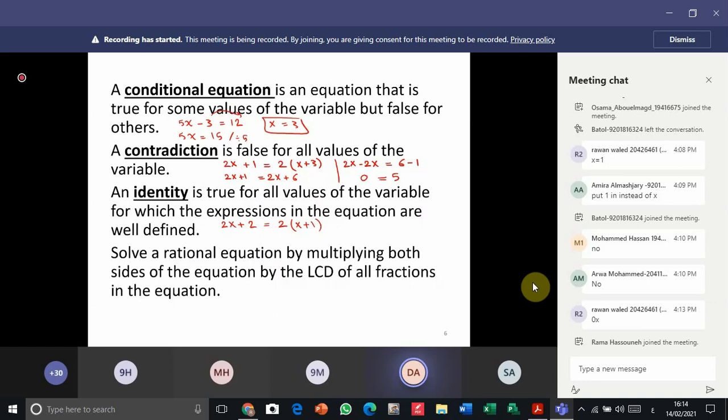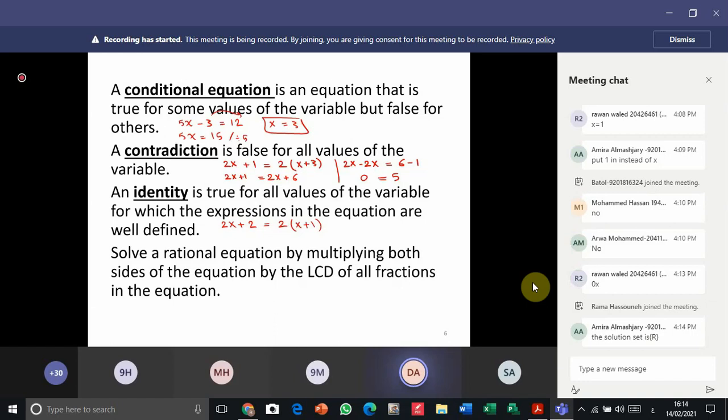Identity means if we replace any value of x, 1, negative 1, 0, 100, 1 million, minus 5,000, any value, this is correct. The equation is correct. The left hand side equals the right hand side.